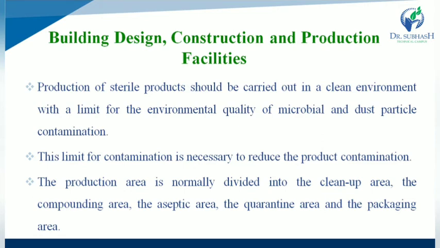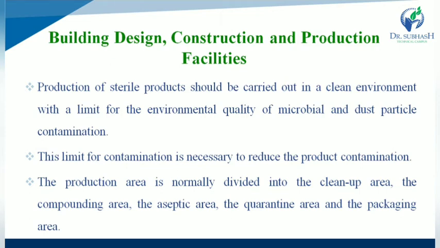Production of sterile products should be carried out in a clean environment with a limit for the environmental quality of microbial and dust particle contamination, and this limit for contamination is necessary to reduce the product contamination.